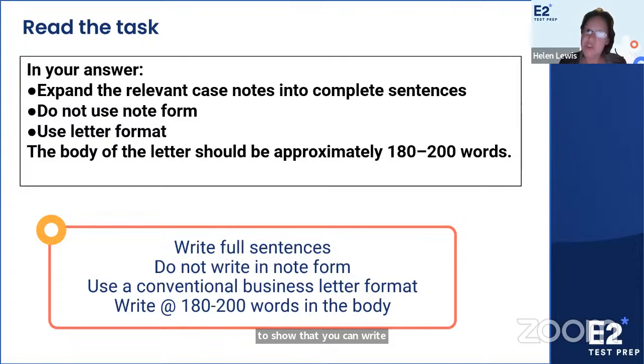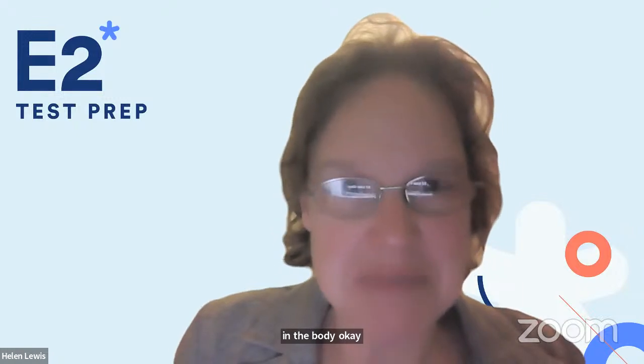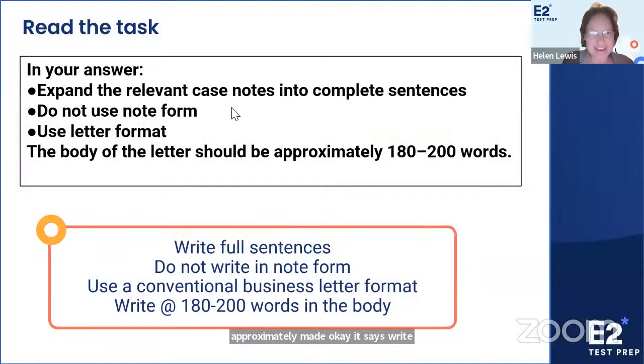You need to be able to show that you can write a conventional business letter format, a professional looking letter, and write approximately 180 to 200 words in the body. So can you tell me, what does approximately mean? It says write approximately. What does that mean if we say approximately?